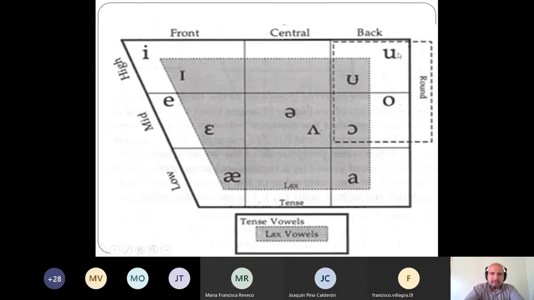The upper part is the roof of your mouth. The bottom part is the bottom of your mouth. The teeth would be in this area, and the uvula would be at the back.